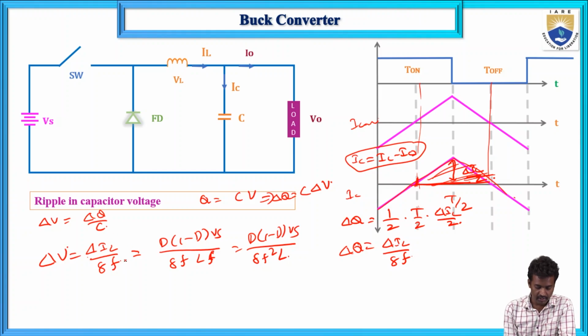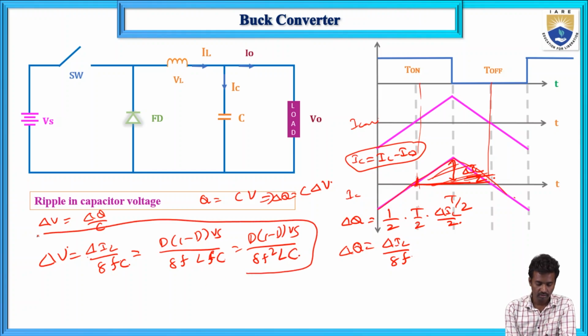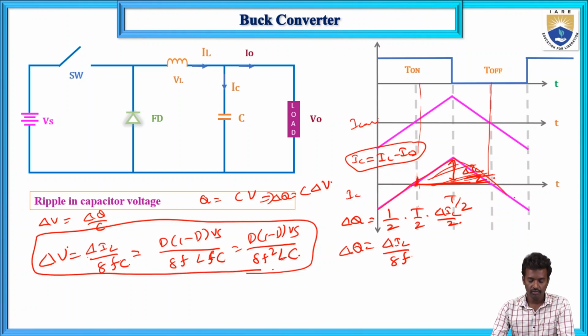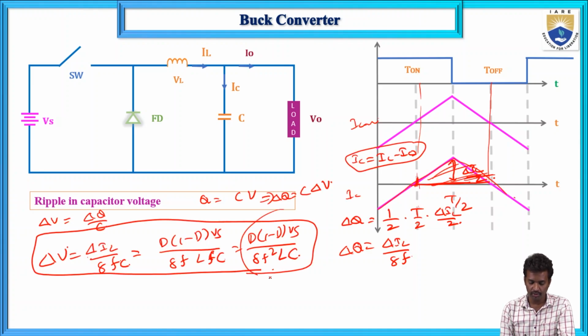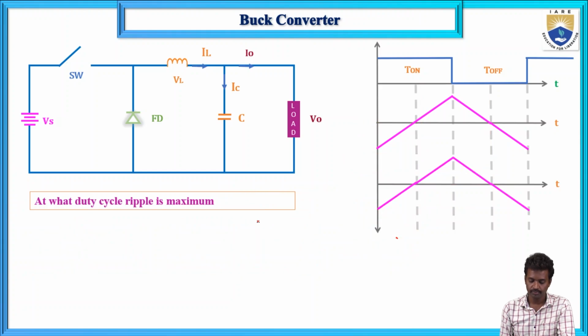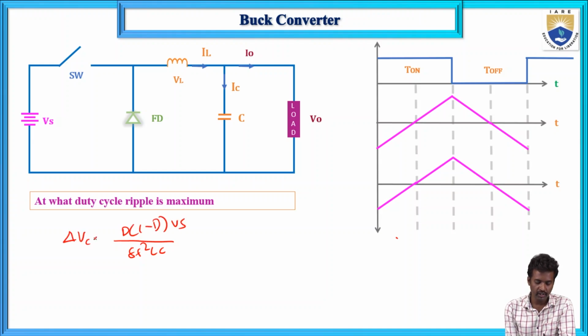Now this is the formula for del Vc. And next, another one: at what duty cycle is the ripple maximum? To find this, you need to differentiate with respect to D. So D into (1 minus D) into Vs divided by 8F square LC, differentiate with respect to D, dVc by dD equals 0.